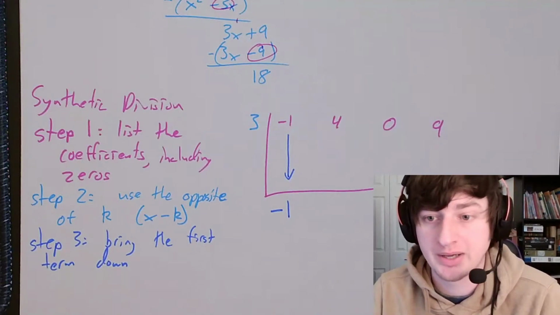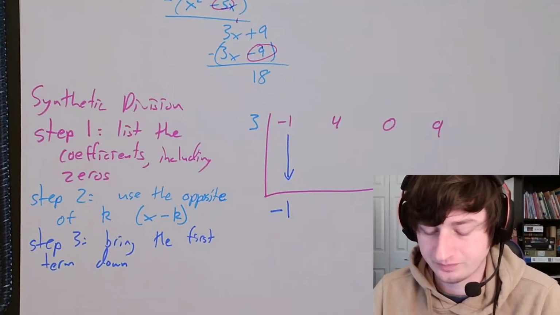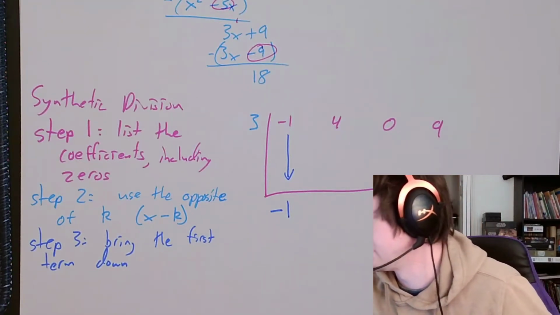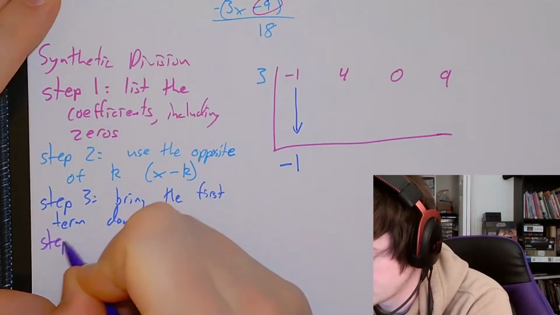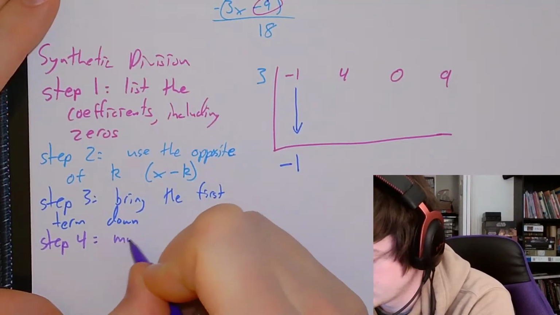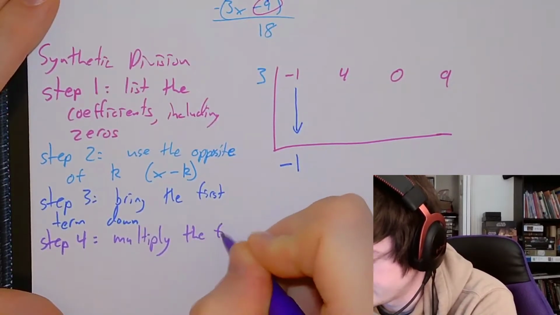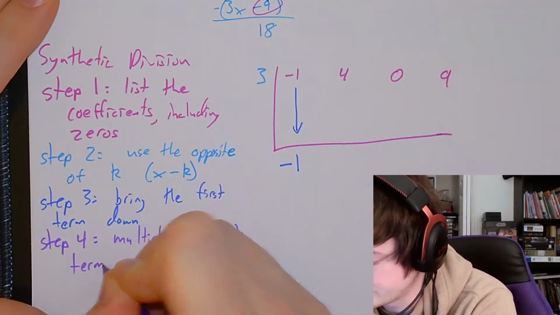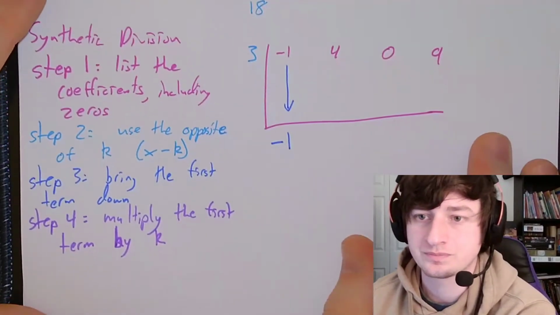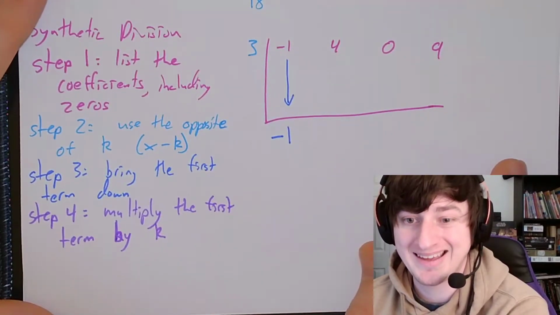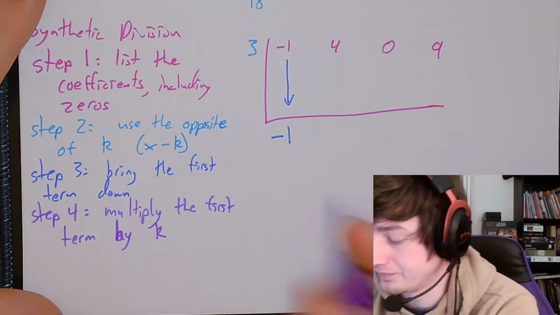Now we're going to multiply that number by 3 and write it in the next line. So multiply the first term by k and write it on the next line.